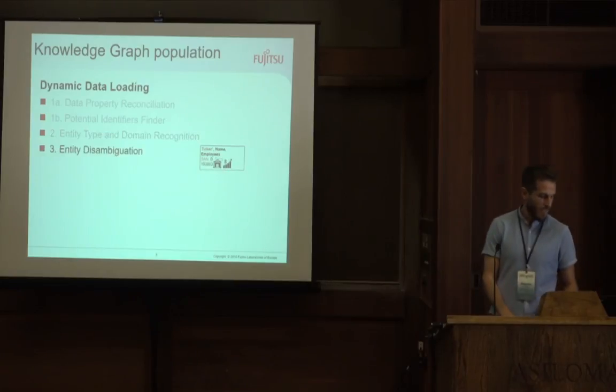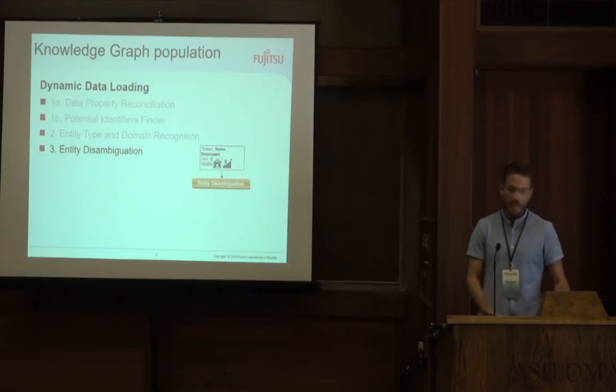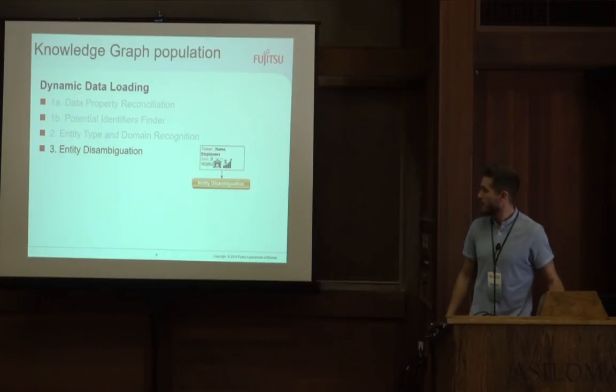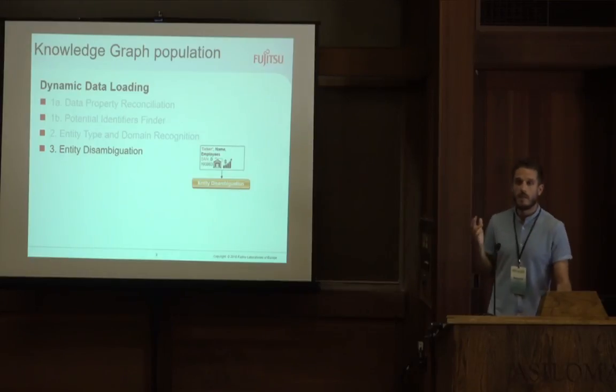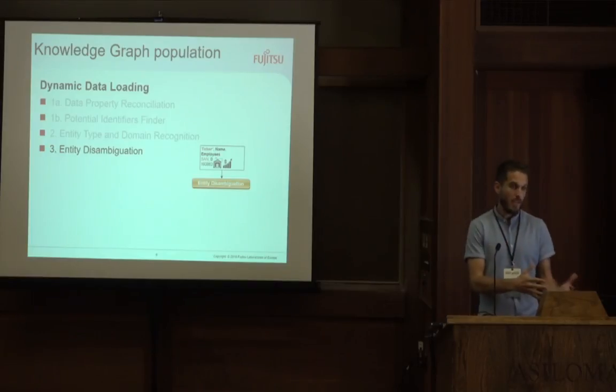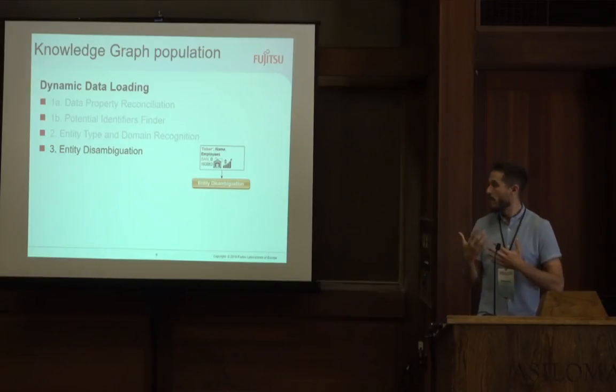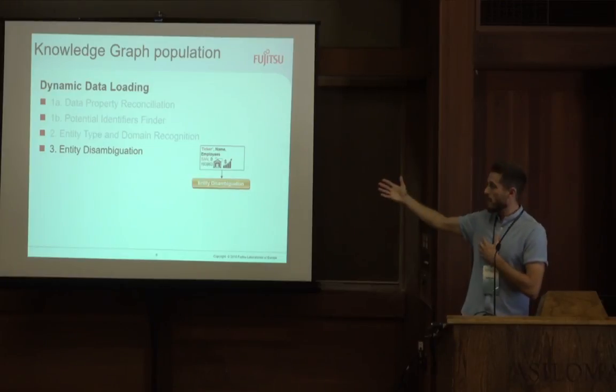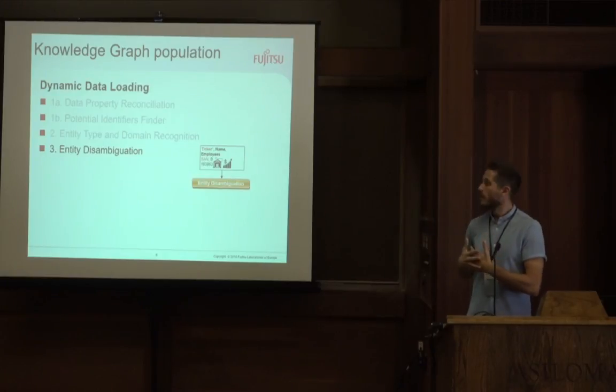In the case of entity disambiguation, once we have that the entity is a bank in the domain finance, that the primary key is the ticker, and so on, we want to disambiguate this entity. In this step, what we normally do is check what we already have in the knowledge graph, so previous entities that have already been stored, and how they match the incoming data.